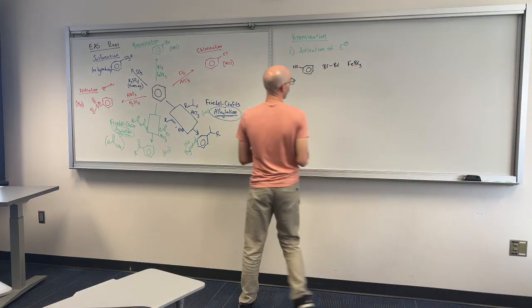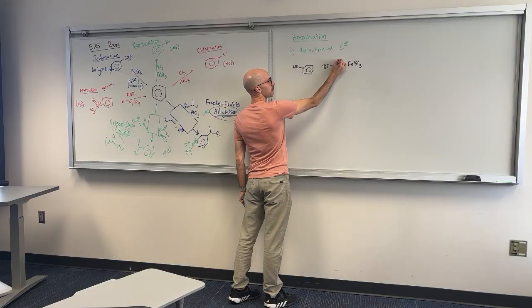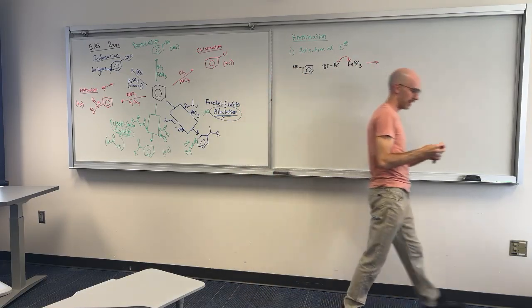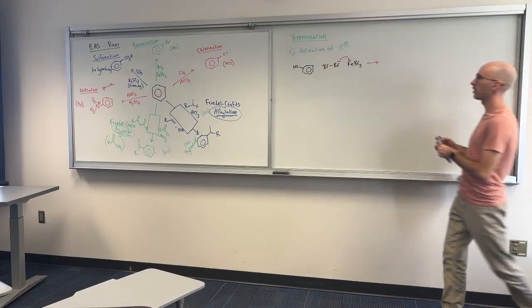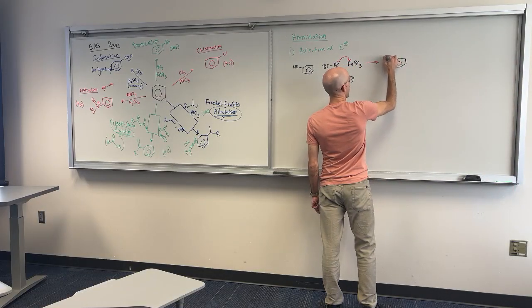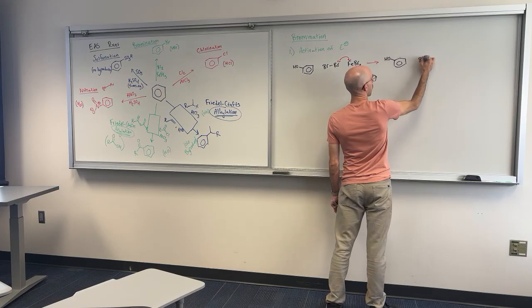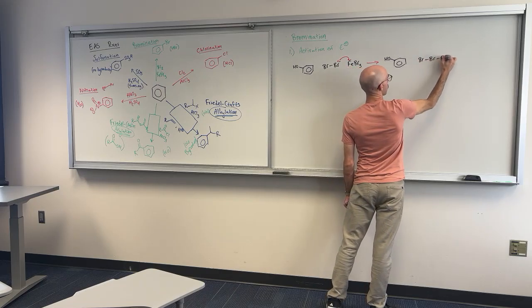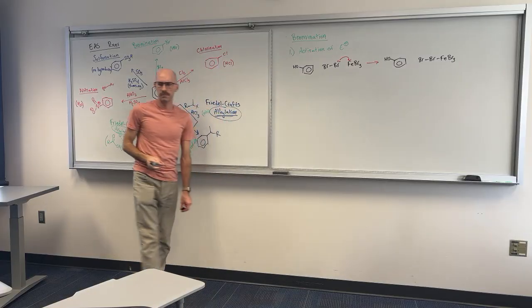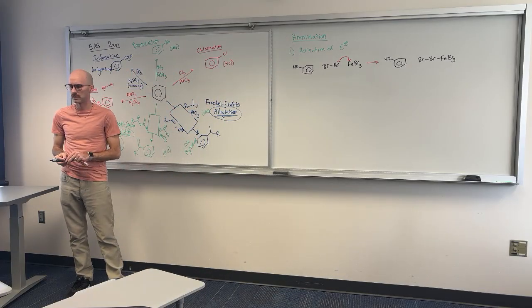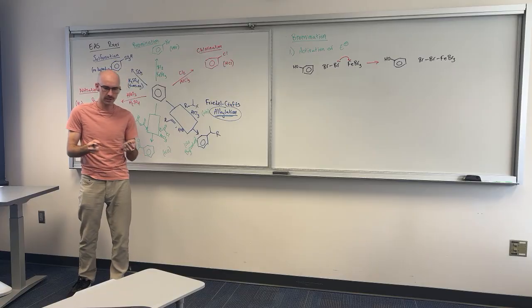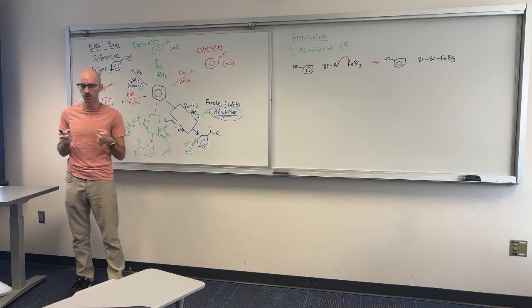Activation of the electrophile. What we see here is bromine acting as a Lewis base and forming a bond with iron, the Lewis acid. Think about how electrons were just shared between neutral species.